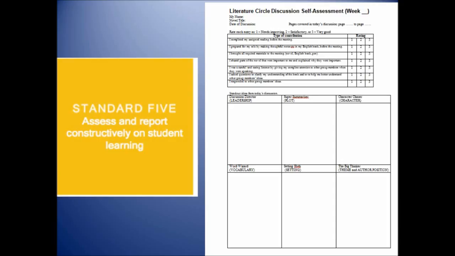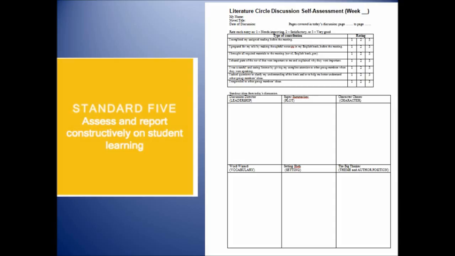Not only was it based on during the lesson, however, it was also based on whether the students were prepared for this, so whether they had actually completed their tasks for the week, and that was very evident to other students in their group. So it was fantastic for me to be able to have quite an accurate record of who was completing their work, who did understand it, and who needs a bit more help.